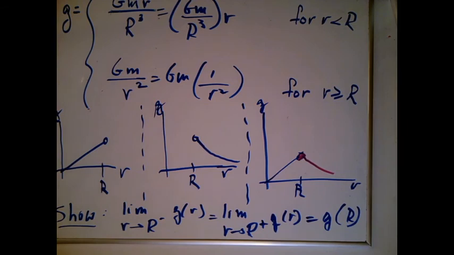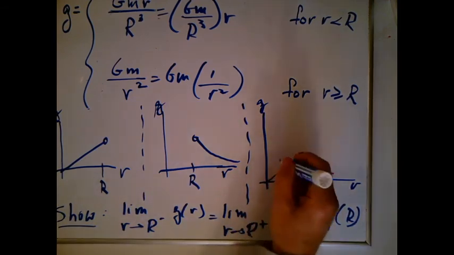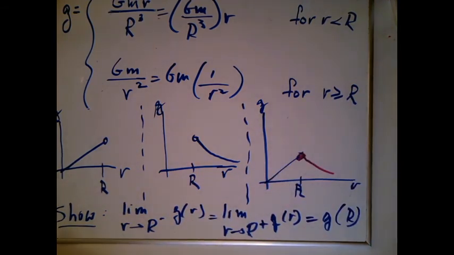Now, in order to finish, you need to do two things. You need to calculate that limit using these formulas, calculate this limit using these formulas, plug in the number, and make sure that this is true. Once this is true, and I look at this graph, it's now easy as pie to answer the question, when is this function continuous, and when is this function differentiable? All right, good luck.